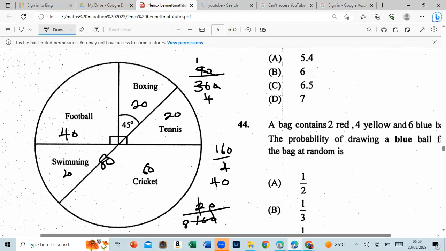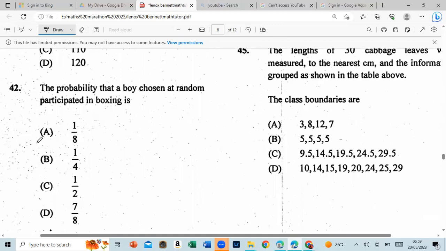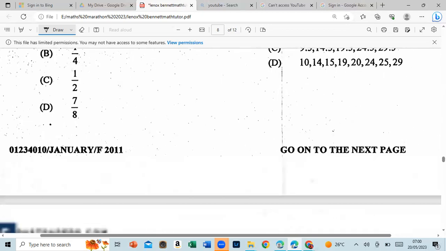So that's 1/8. Let me see if they give 1/8. Alright, see there, first option.